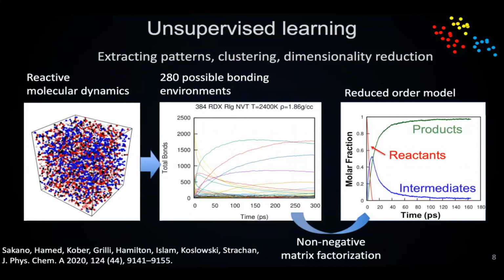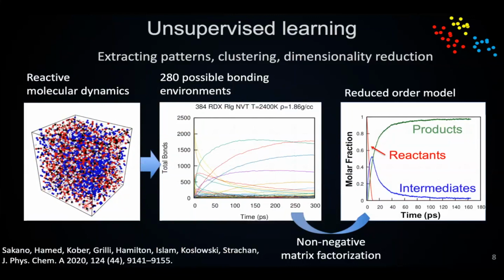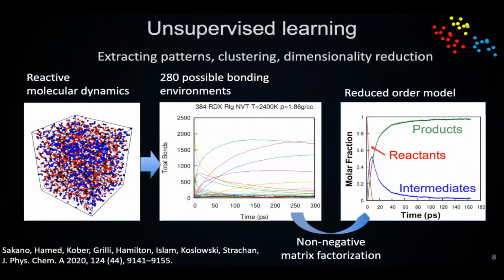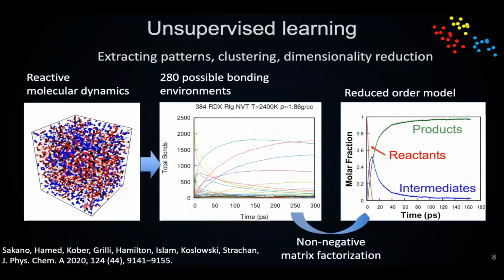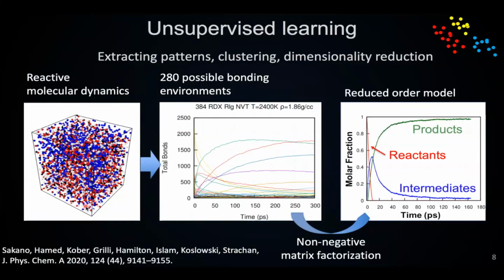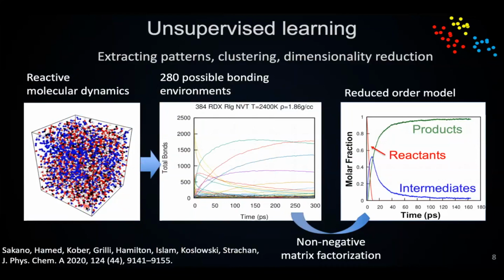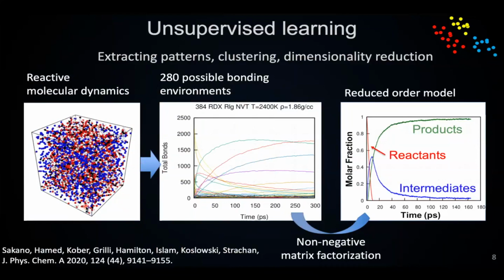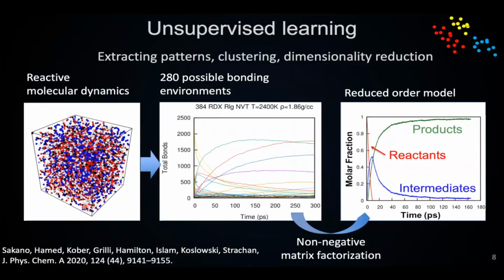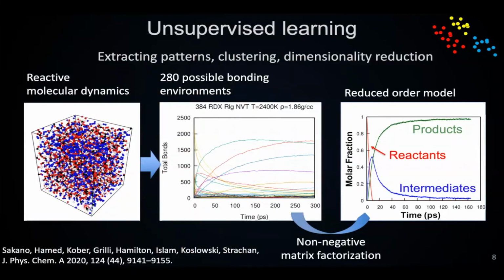In this particular case, these 280 curves on the left can be described very accurately with just 3 components, okay? And very importantly, these components have a physical meaning. You can see that there's one component that's decreasing very quickly.